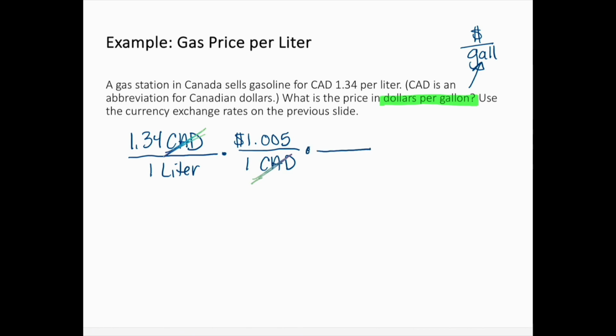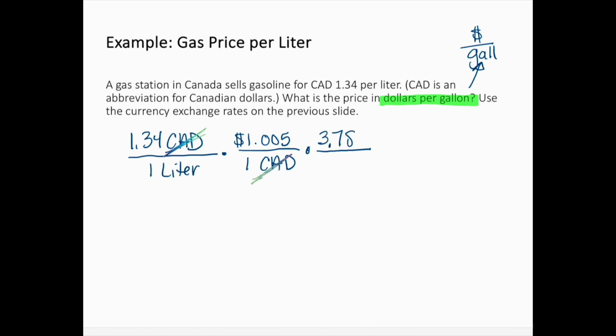If you look up on your conversion chart that I gave you in your reference sheet, you'll see that 1 gallon is 3.785 liters. So since I want the liters to cancel, and liters is in the denominator over here at the beginning of our chain, I am going to put liters on the top of the fraction.